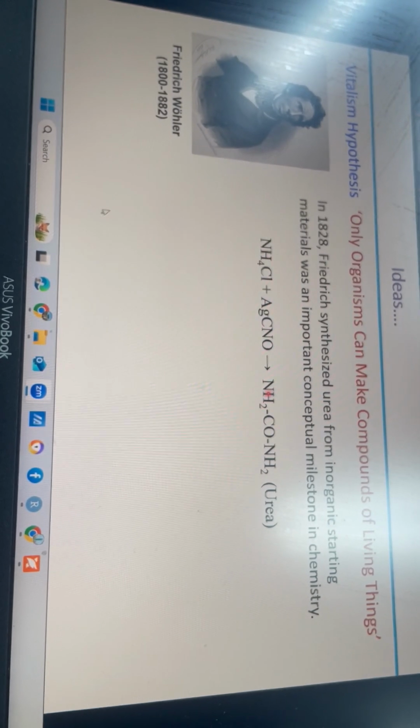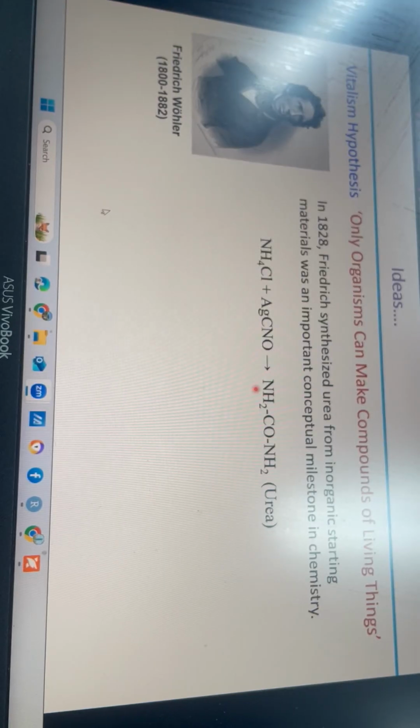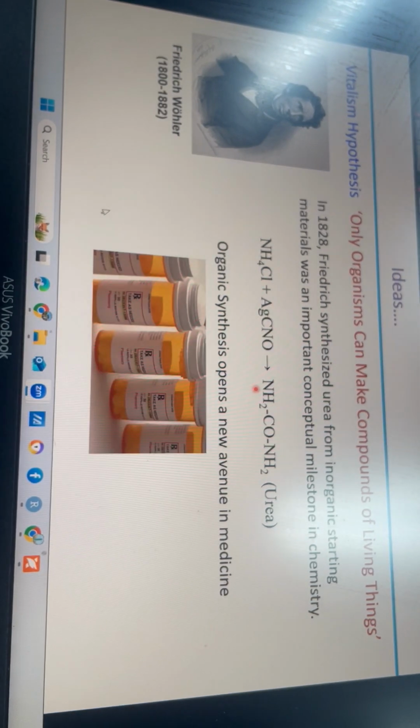So then he actually changed the vitalism concept. That's actually, yes, we can actually synthesize biomolecules in the lab, so we do not need a biological system. So that's where he invented organic chemistry and organic synthesis, and all the medicine and all the small molecules we see, that's actually started by his idea.